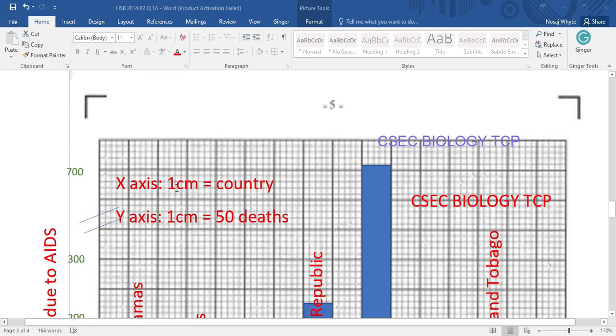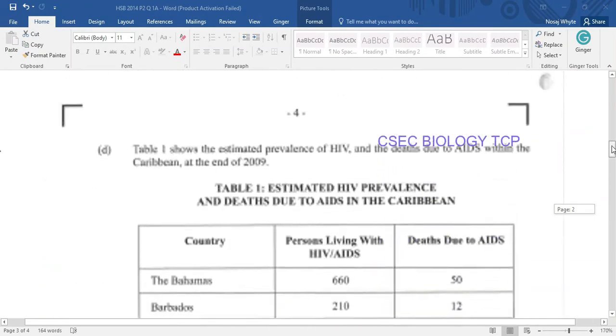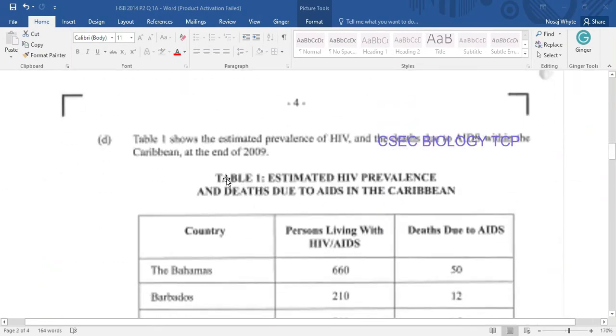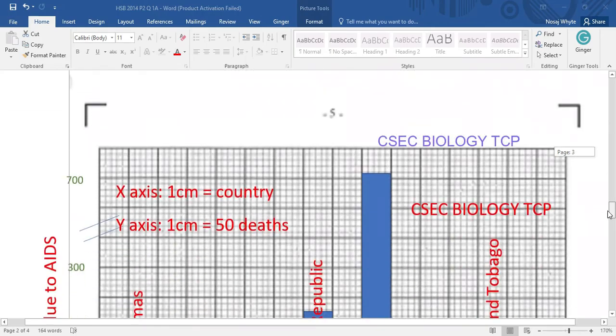Now, we had to put in a scale here to show what each represents, and usually your graph will have a title. Now, the title that is supposed to be on your graph, you could use this here to say: graph showing estimated HIV deaths due to AIDS in the Caribbean. So that is of course what you would call your graph, a title that you would have given to your graph.